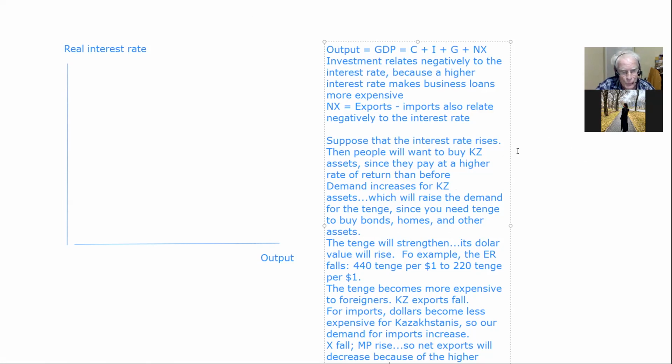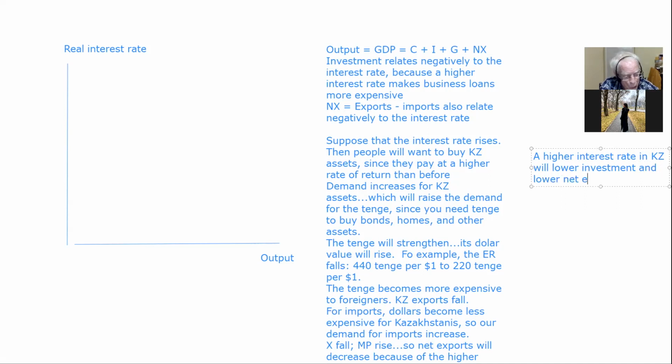So let's summarize all of that. A higher interest rate in Kazakhstan will lower investment because firms find it more expensive to borrow money to build their plants. And it will also lower net exports by making the tenge more expensive for foreigners to buy than before.